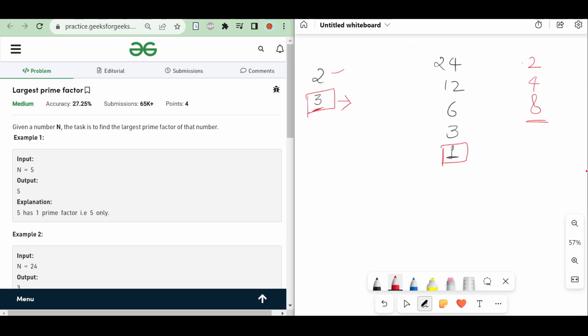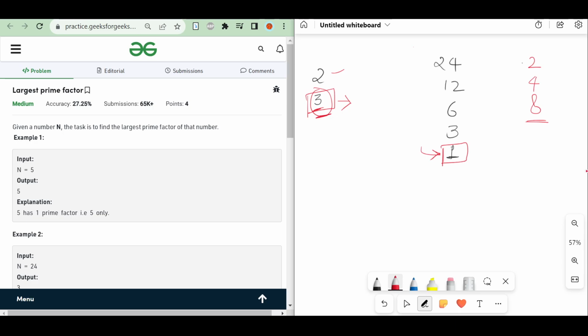So at the end it will only be divisible by the next prime number, and the last number which divides it, and I'm getting 1 here, will be the largest prime number. Definitely it is a prime number, and as it is dividing at last, it will be the largest.